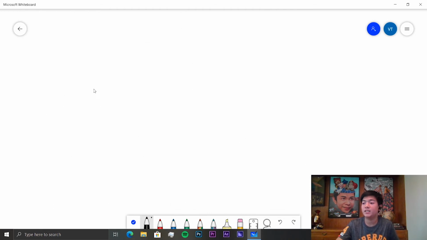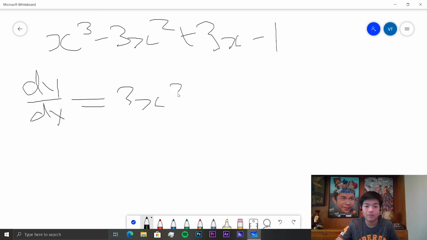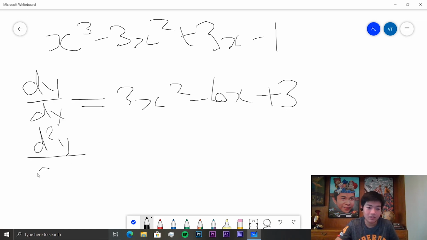And the next question is, we have x cubed minus 3x squared plus 3x minus 1. Let's get the derivative. dy over dx is equal to 3x squared minus 6x plus 3. And then the second derivative is equal to 6x minus 6.